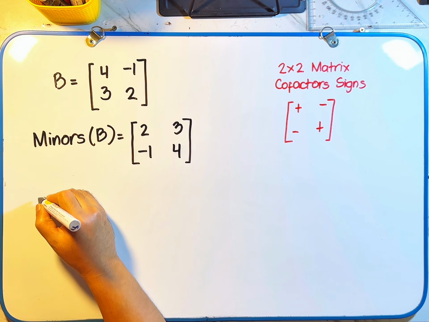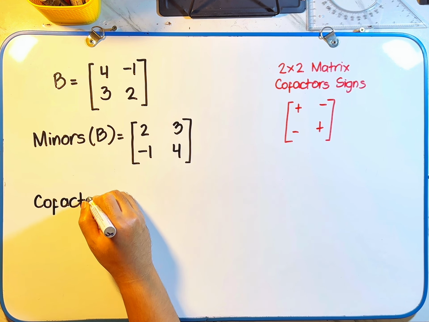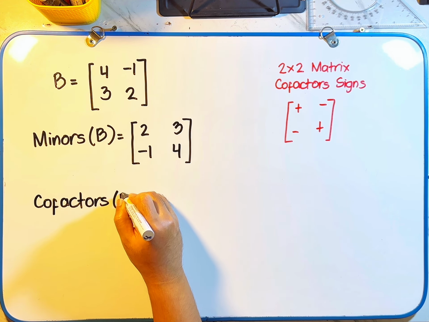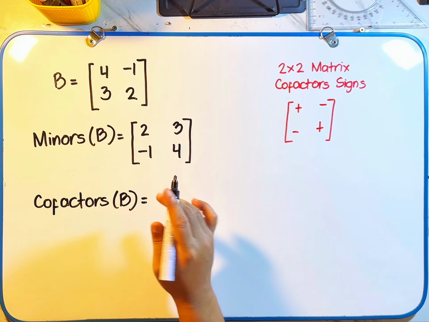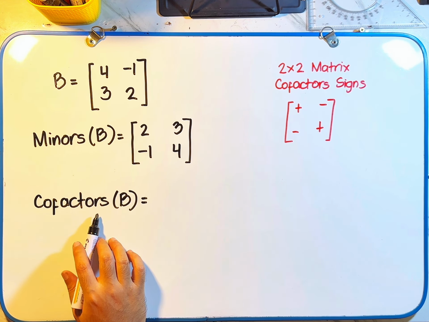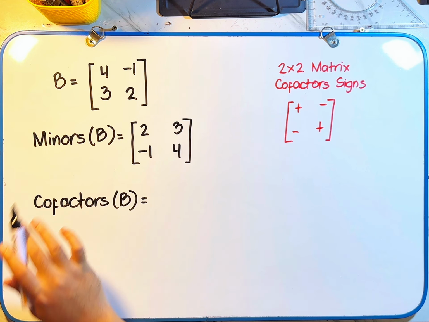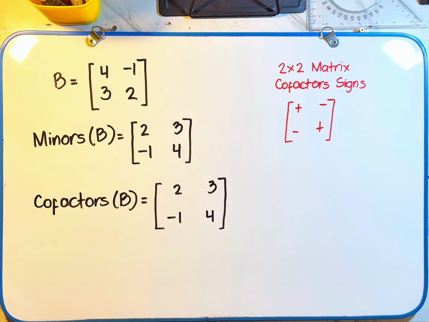All right. Now, let's go to cofactors. So the cofactors of matrix B, first let's copy the minors. So this tells you that in order to find the cofactors, you need to find minors first. Let's copy. All right.